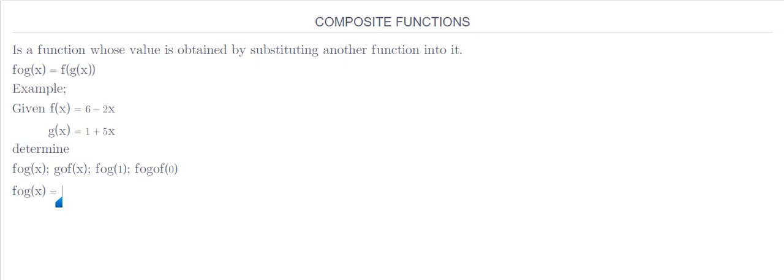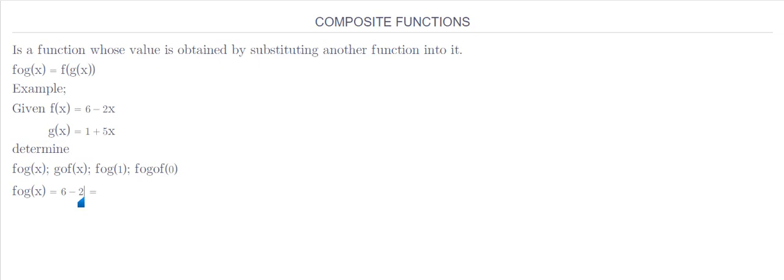Our f is 6 minus 2x, but because we want to substitute our x, rather than writing this x here, we are going to replace it with g as a whole, the whole function g.